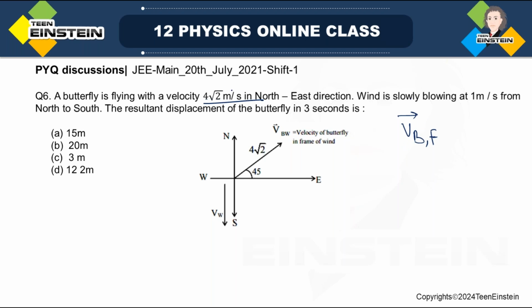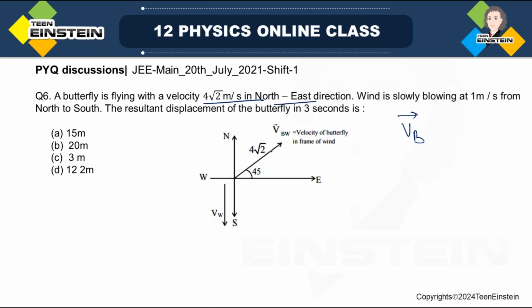So what we have to find out, let me write this. Let me write this rest frame as ground itself. The velocity of the butterfly is, so a butterfly is flying with the velocity 4 root 2 meter per second in northeast direction.